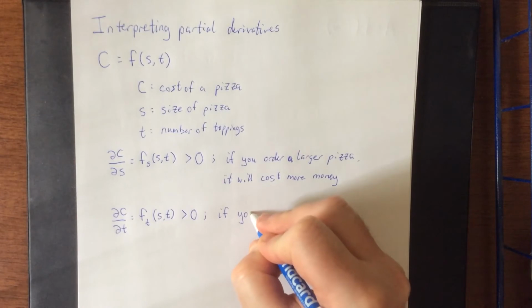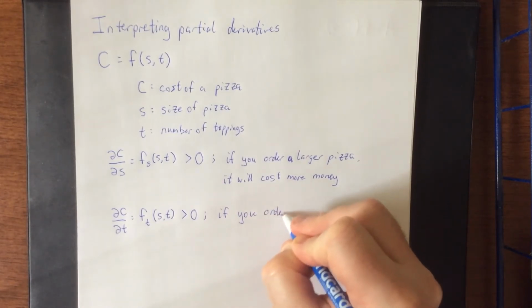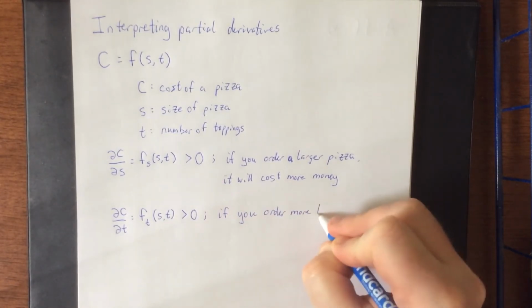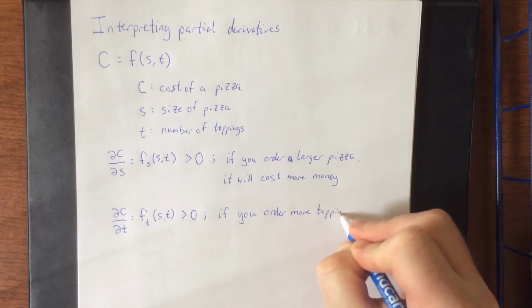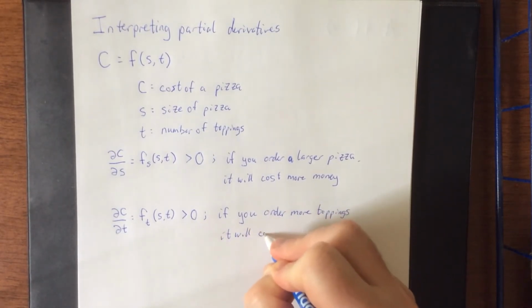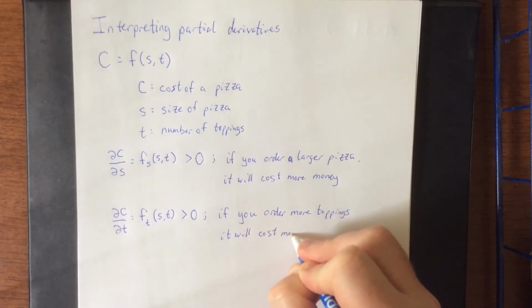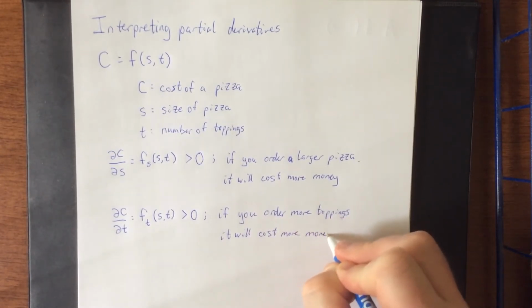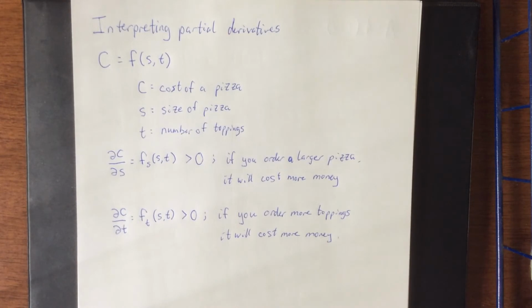So the interpretation would be, if you order more toppings, it will cost more money, which I think is pretty reasonable. You order more toppings, it's going to cost more money.